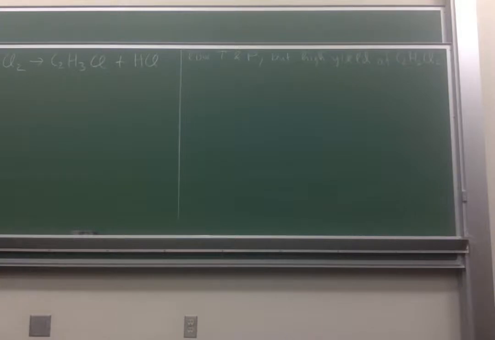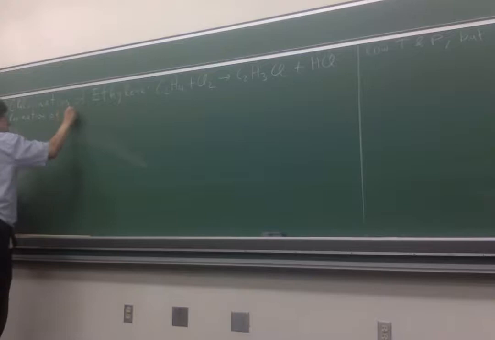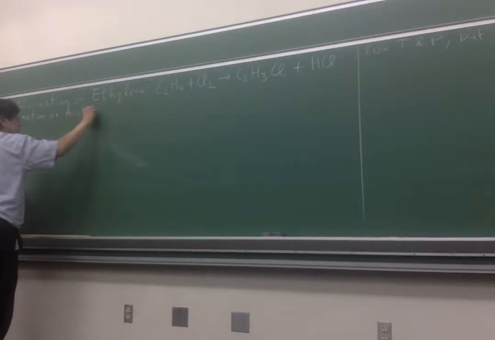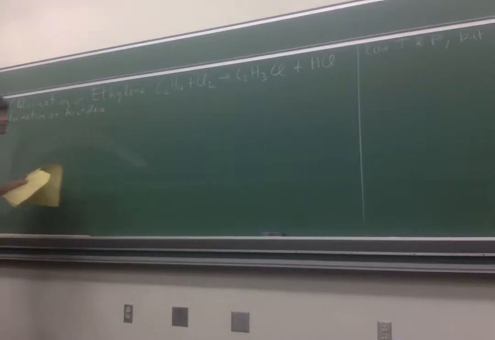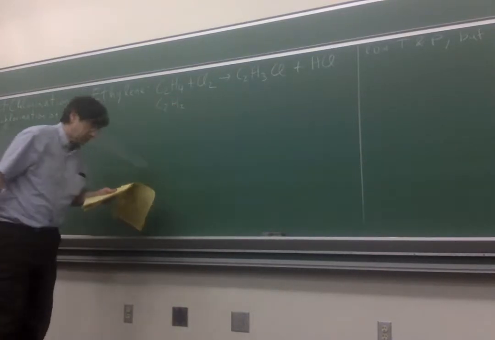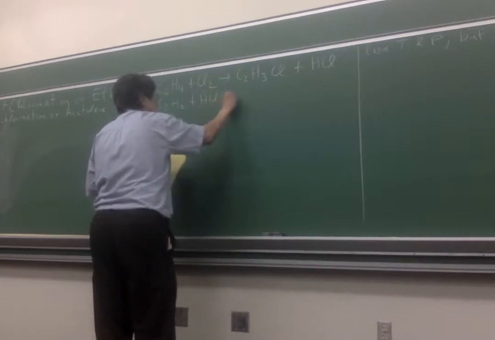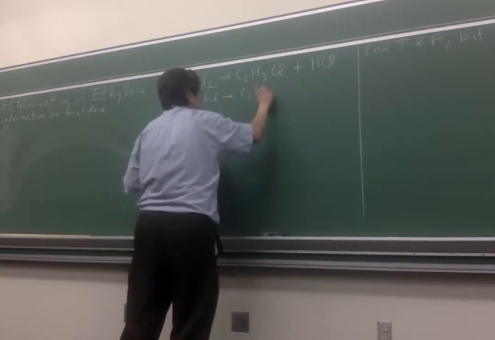The second one was hydrochlorination of acetylene. And then this one was acetylene with its triple bond. It's broken into a double bond with HCl to give us vinyl chloride.